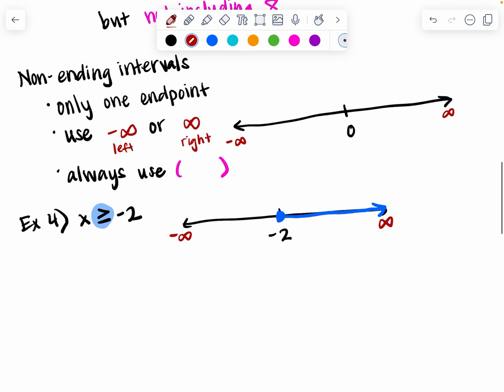And my interval notation is going to use a bracket with -2 and +infinity with a parentheses. And I'm saying that x is all values -2 and higher.